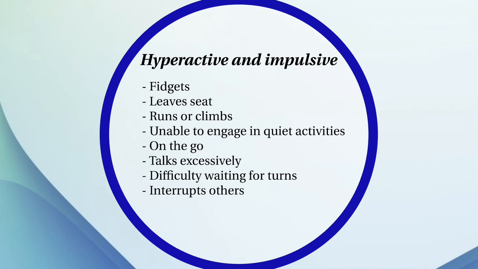In a classroom, before the teacher finishes asking the question, they will be lifting their hands saying, I know the answer, I know the answer, when it's not their turn. So they interrupt others. The brain is too fast and they just can't wait their turn. And this is the hyperactivity and impulsivity type.